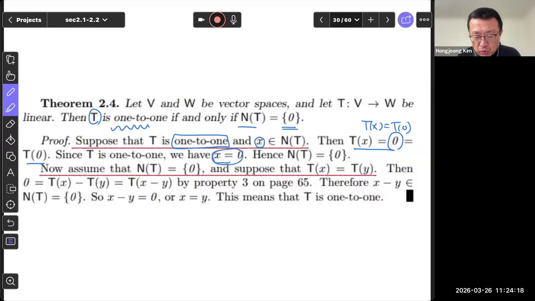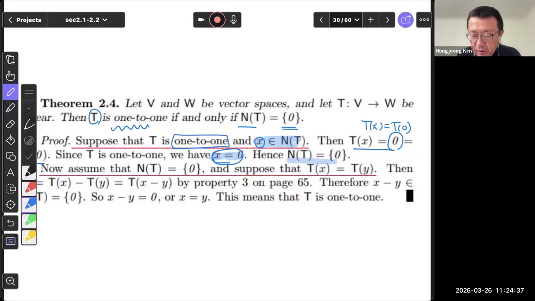Meaning, when I select any arbitrary element from the null space, that element must be 0. In other words, the null space consists of only the 0 vector. So when I assume the left-hand side, I derived the right-hand side.